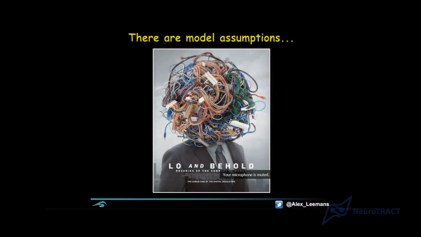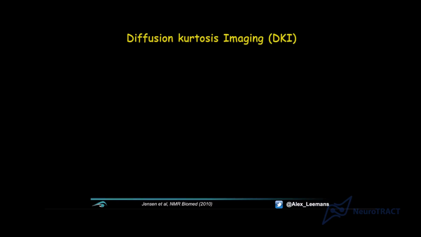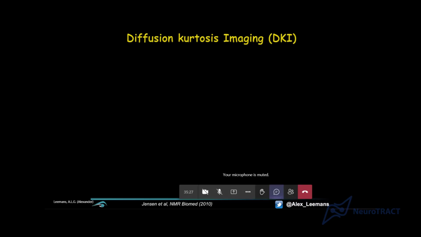Perhaps not that colorful, but this is how a physicist thinks, right? We see a cable network connecting different brain regions. And we've been using the diffusion tensor imaging model to describe this diffusion profile, but there's a limitation: it can only capture Gaussian diffusion.